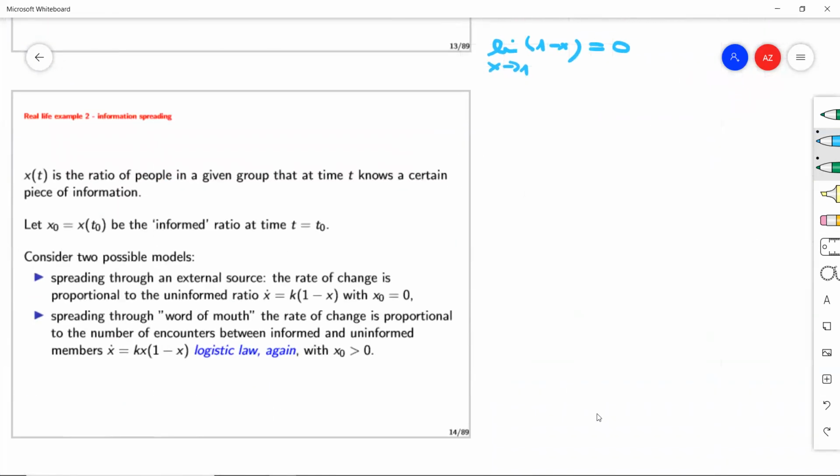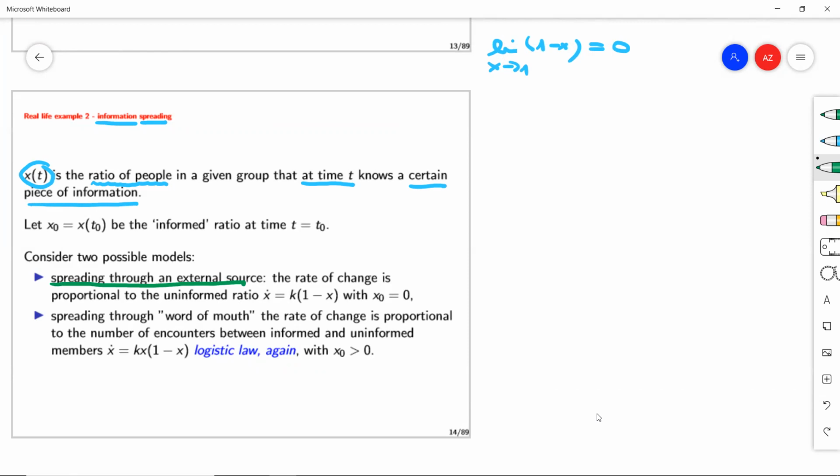So another explanation: let's say that x of t, so this is information spreading, is the ratio of people from the given group who at time t know some piece of information. And there are two ways of spreading. The first way is spreading through an external source. This spreading is independent from the size of the group which already possesses this information.